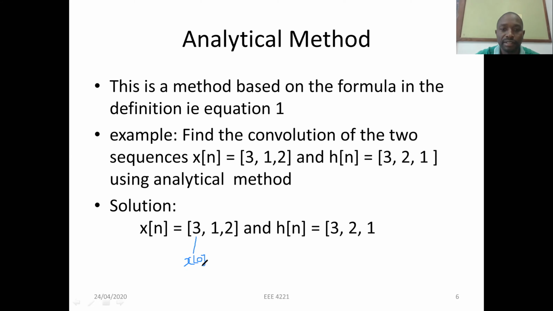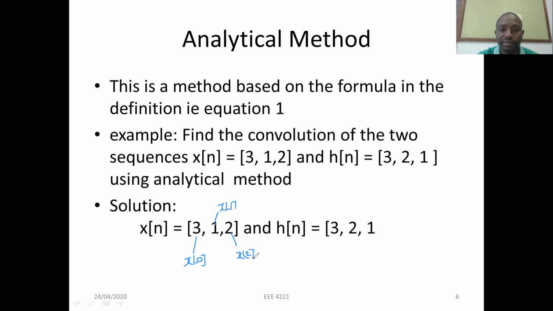The next one here will be at position x of 1, and then the last one here will be at position x of 2.